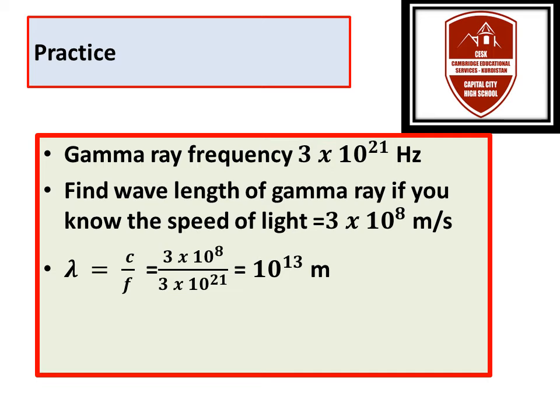The answer is 10 to the power negative 13. Again, the answer is 10 to the power negative 13. This is a mathematical rule. I'm sorry about this. Okay, let me see another one.